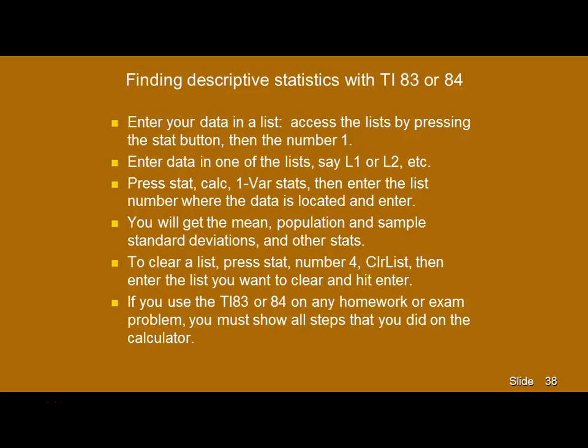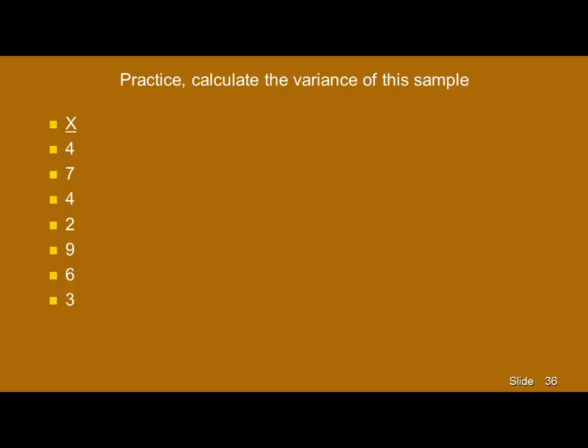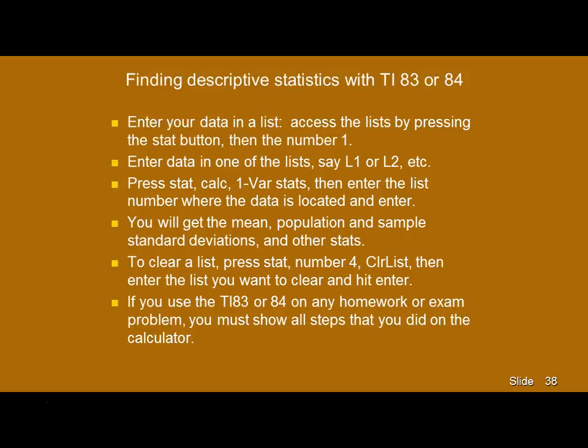Enter your data in one of the lists. So for example, let's go back. If you were putting this data in a list, you'll just put the numbers in a vertical list, 4, 7, 4, 2, straight up and down. So put the data in a list. Keep track of where you put it. After you've done that, press the Stat button. At the top, scroll over to the right to where it says Calc, C-A-L-C.